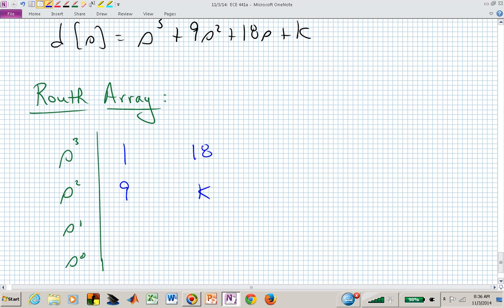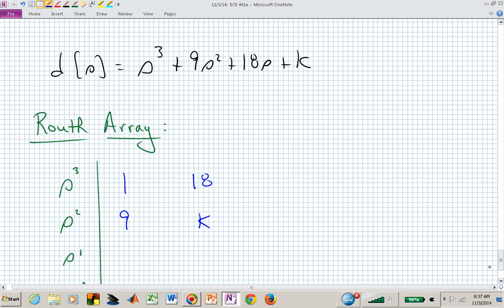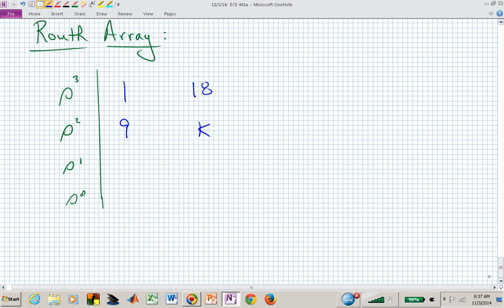I start the top row with the leading coefficient of the highest power of S, and then I just jump over powers of S to generate the first row. I step down one power of S lower. This time it's S squared, and I generate the second row. And now I create the S1 row. What's the S1 row going to be?